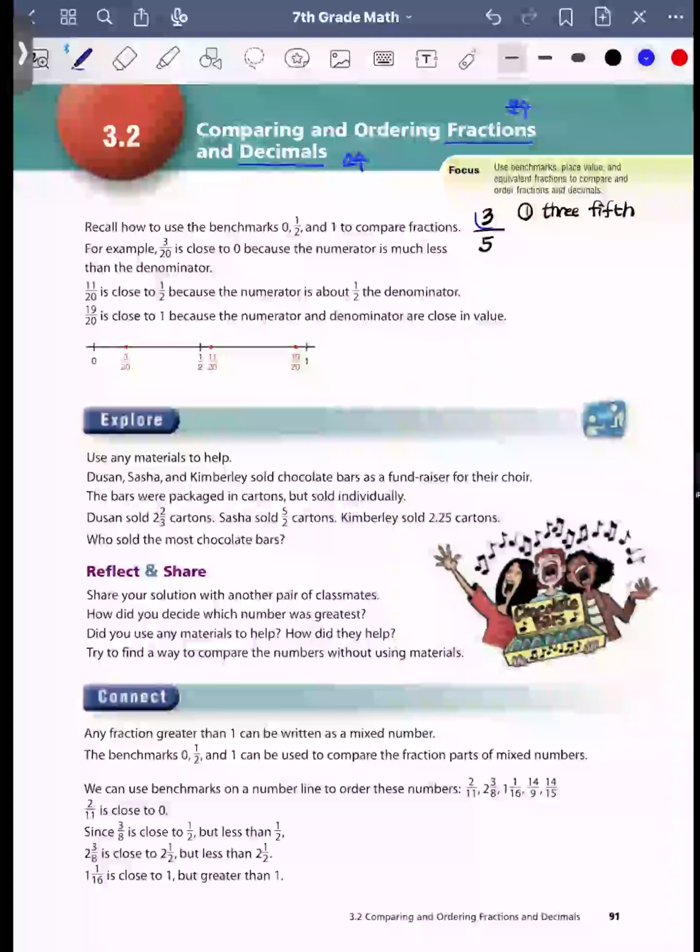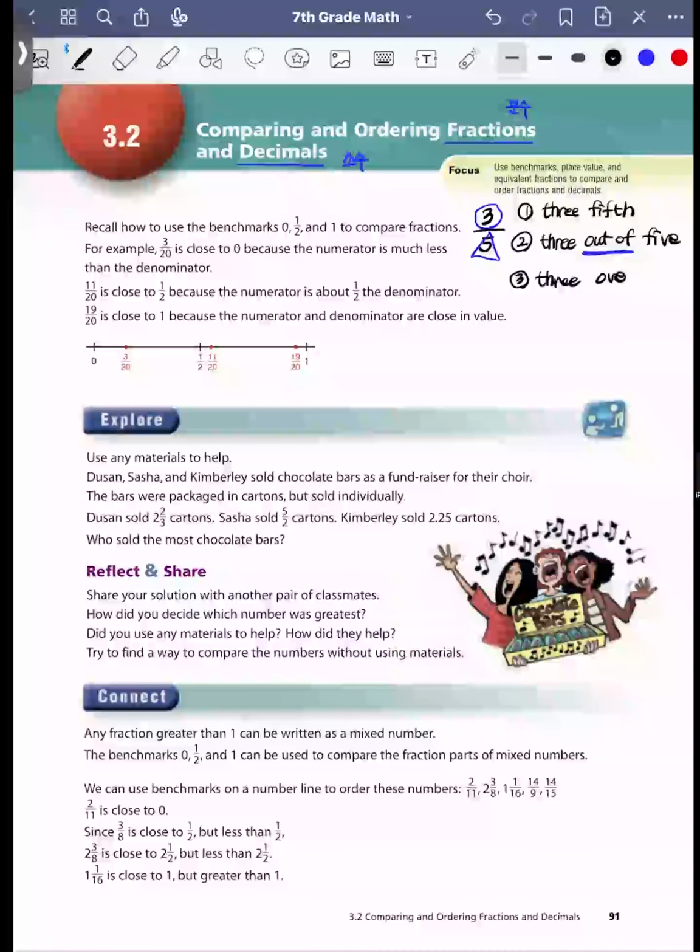So you call this one 3 and this one fifth. Second option is reading it as 3 out of 5. What you can also do is 3 over 5.